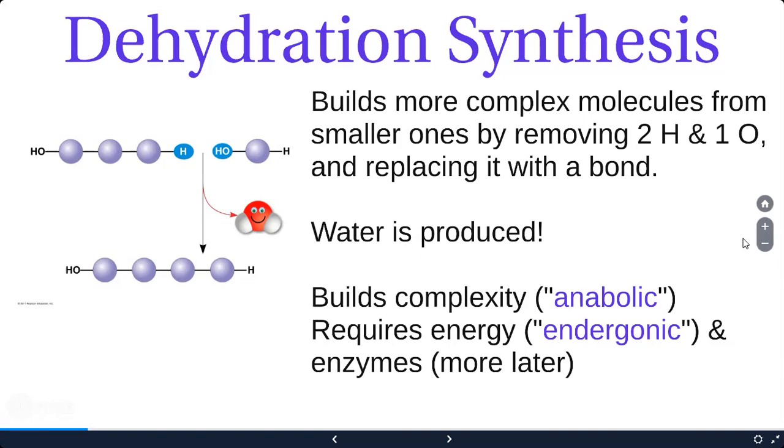Those are steroids that people sometimes take illegally to build muscle mass. That's why they're anabolic: they're building more complex protein within the muscle cells. These do require energy. They're endergonic reactions, if you remember that from chemistry. All of this is facilitated with the use of enzymes. We will get into enzymatics at a later date.